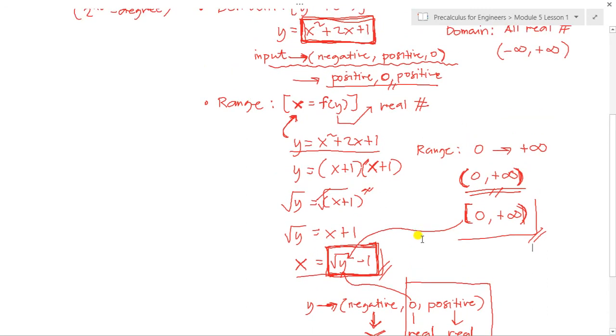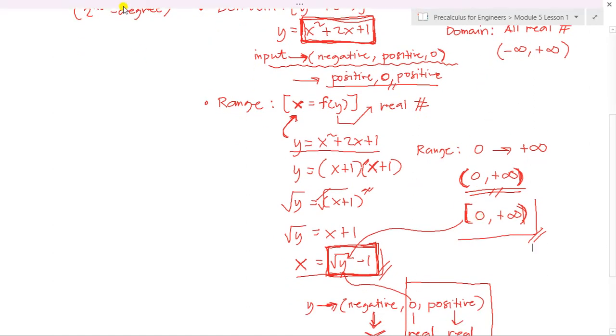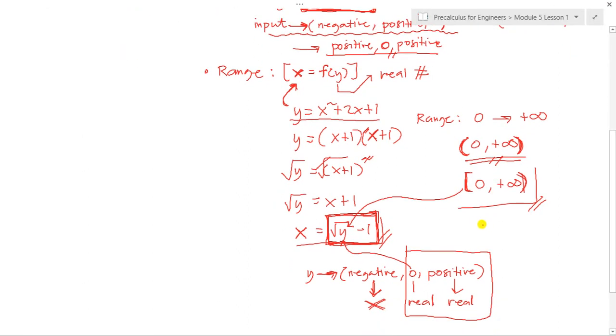Again. Ang range kani siya. The range is the set of all real numbers from 0 towards positive infinity.